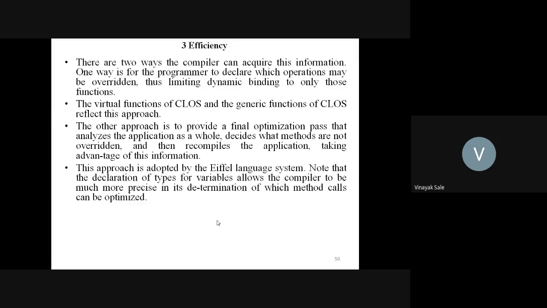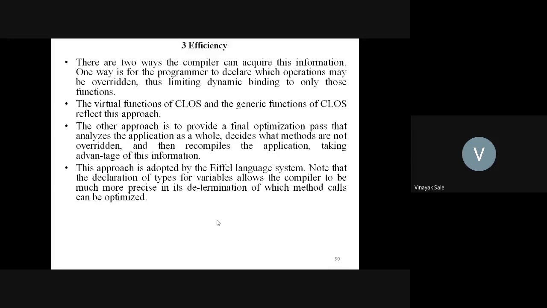There are two ways the compiler can acquire this information. One way is for the programmer to declare which operations may be overridden, thus limiting dynamic binding to only those functions.